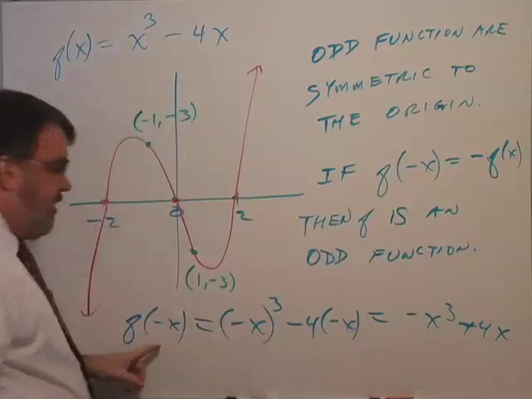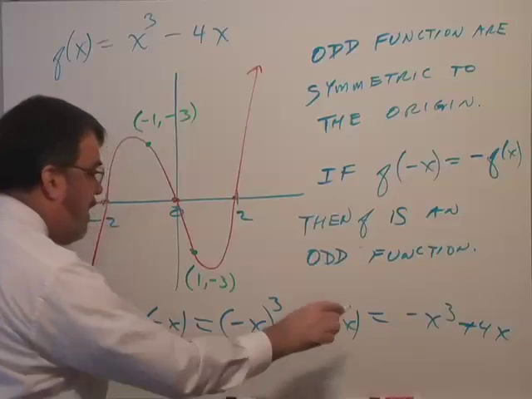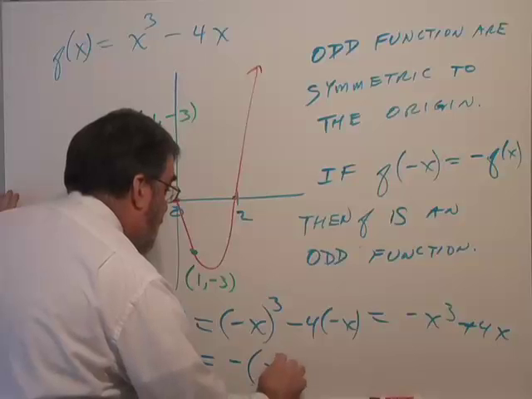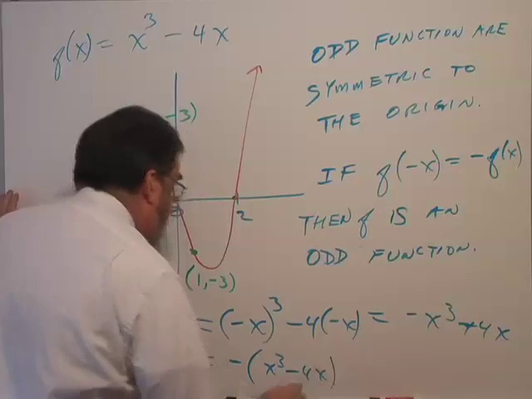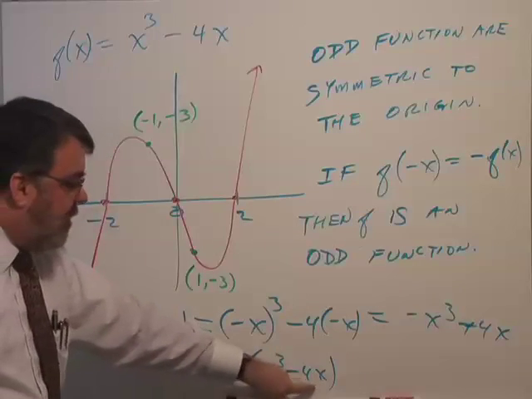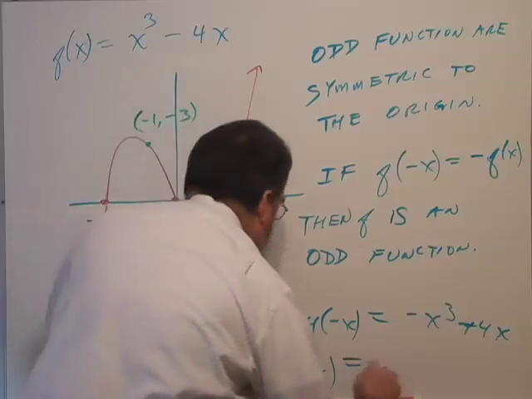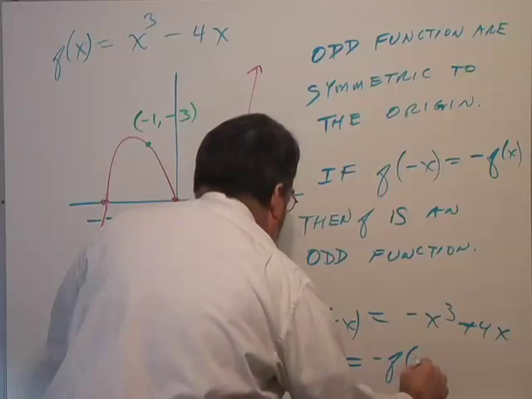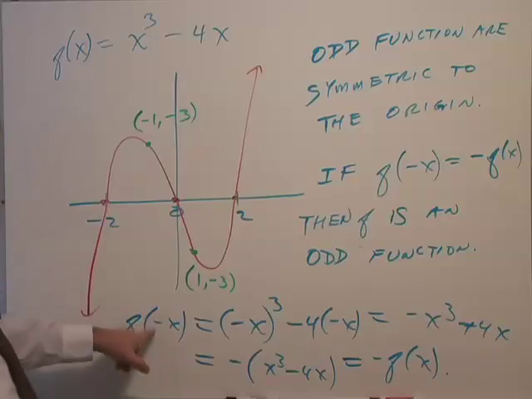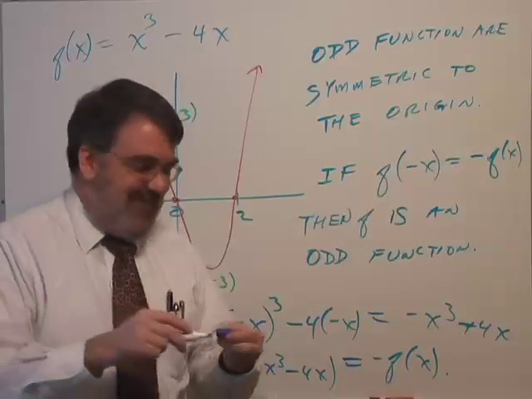Now it is not equal to the original function, but if I factor out a negative sign, I get x cubed minus 4x. Factoring out the negative, the parentheses is identical to the original function. So this is equal to minus f of x.